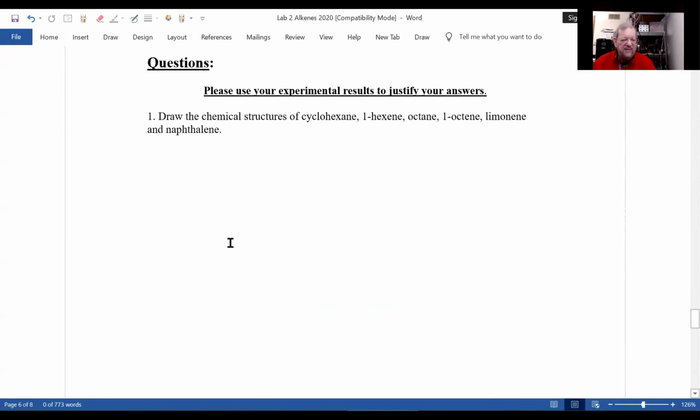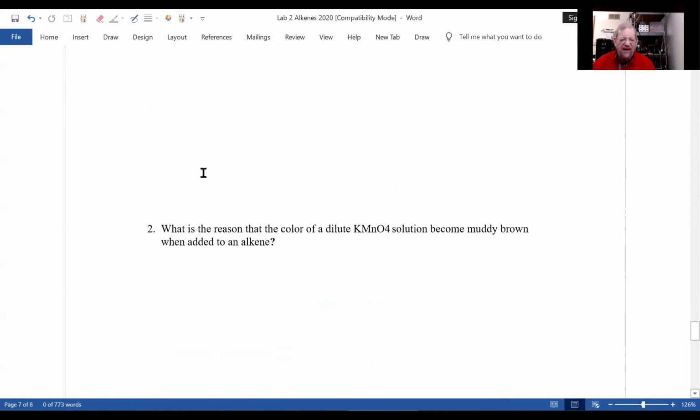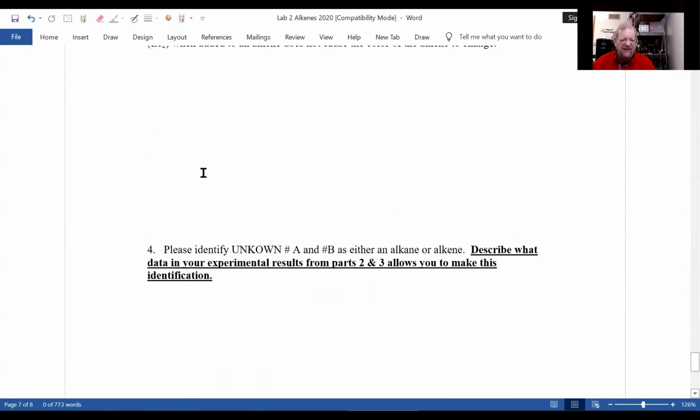And here I asked you to draw the structures of cyclohexane, 1-hexene, octane, 1-octene, limonene, and naphthalene, because you need those to help answer questions. Then here are the questions. Remember, this is due. Now look at question 4. Please identify unknown A and B as either an alkane, no double bond, or alkene, double bond?